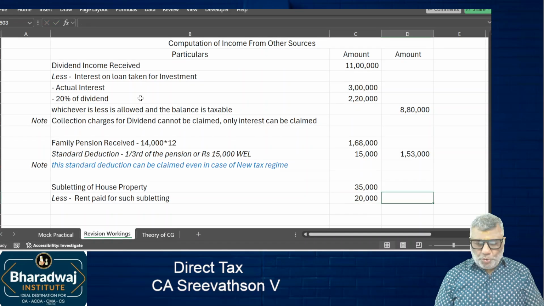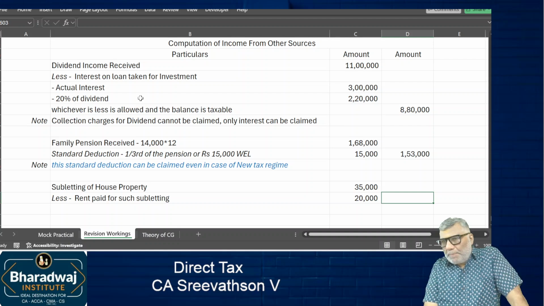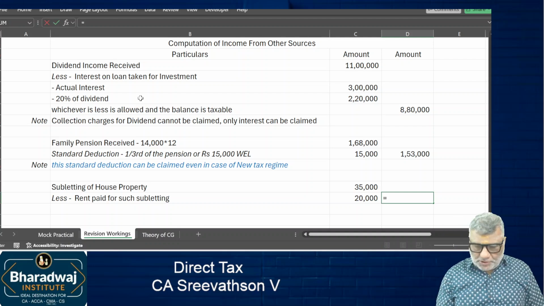You cannot allow other expenses, only allow rent paid on subletting. Okay, only allow rent paid on subletting. Please do not allow other expenses.